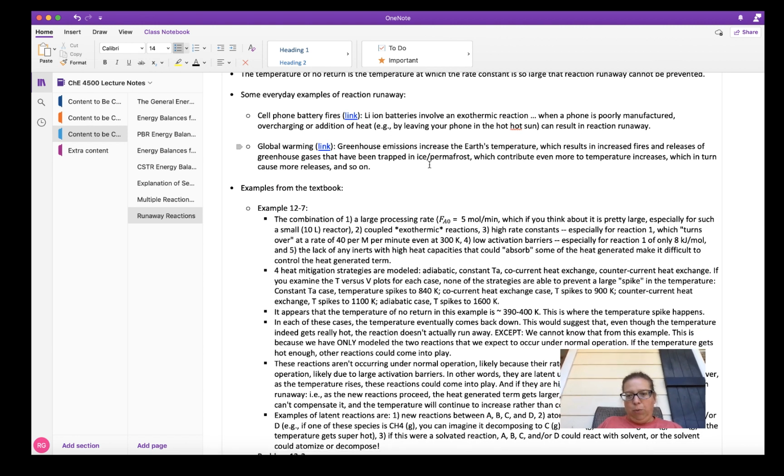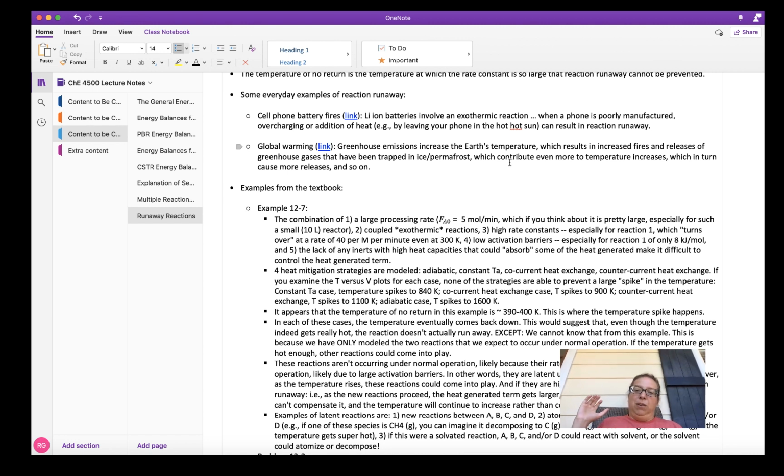Another one is global warming. So when we emit greenhouse gases into the atmosphere, this causes the Earth's temperature to rise. As the temperature rises, things like forest fires are more common. For example, the permafrost melts. When those two things happen, they release more greenhouse gases into the atmosphere, CO2 and methane, for example.